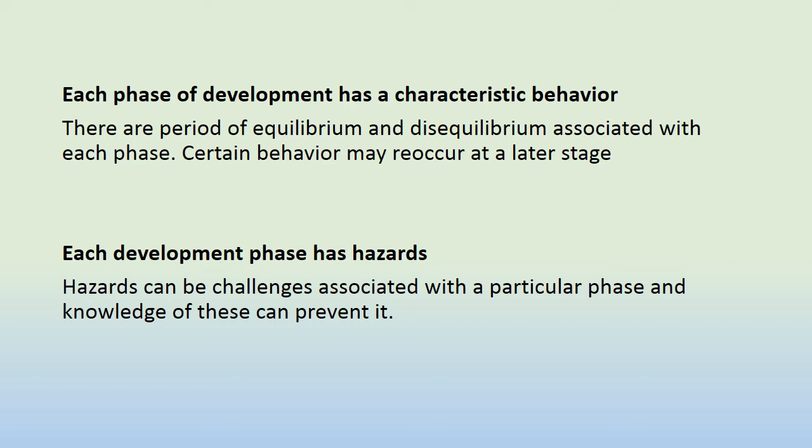Each phase has some danger or hazards associated with it, which has to be prevented for better development of an individual. If it is not addressed, it may hinder the development phase, or it may exhibit undesirable attributes in an individual. So it is very important for social workers to understand the hazards associated with each phase of development.